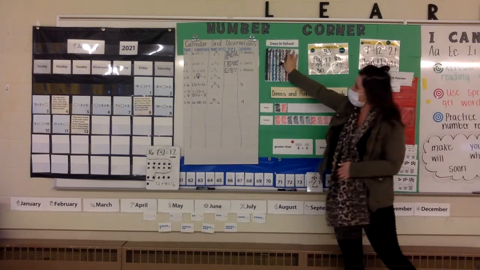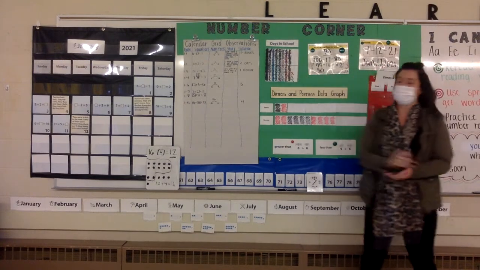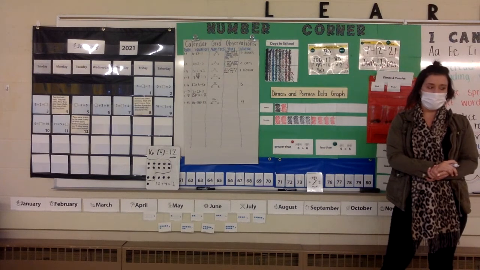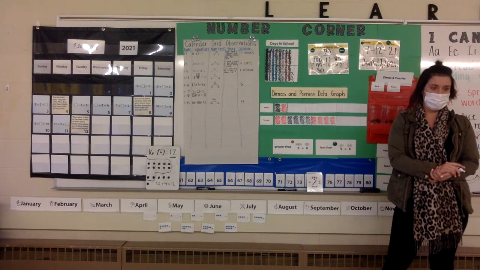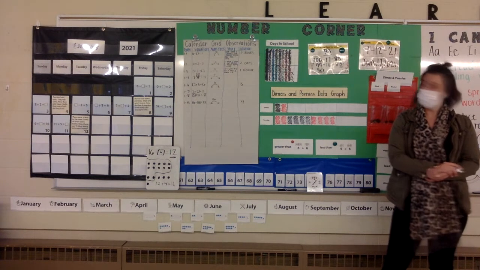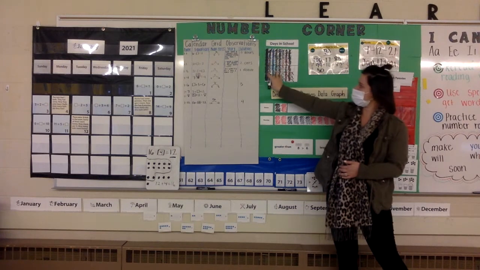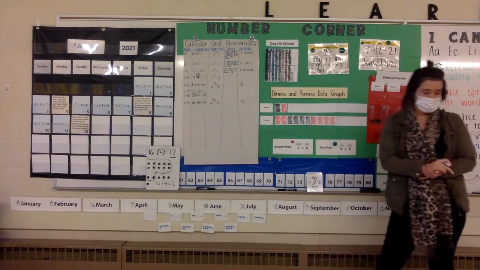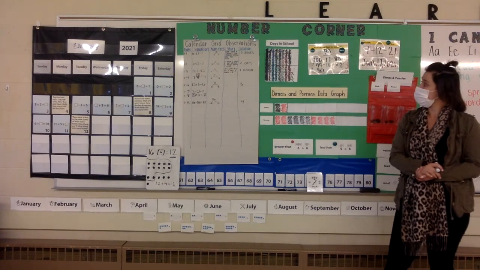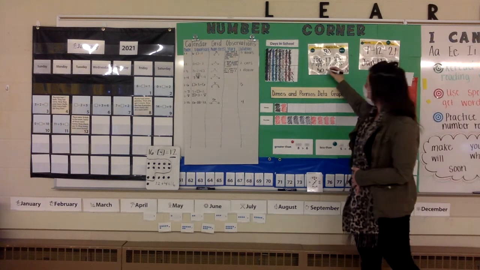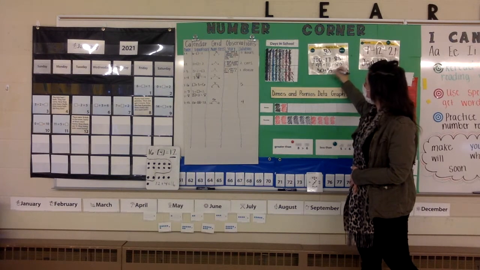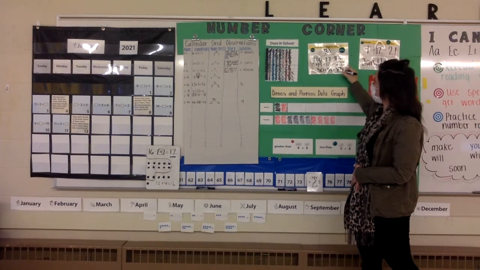So it's half of our chart. 50 plus what equals 83? So here's half of our chart. Gavin? 30 plus 33 equals 83.